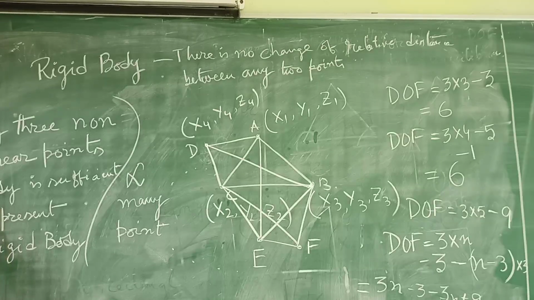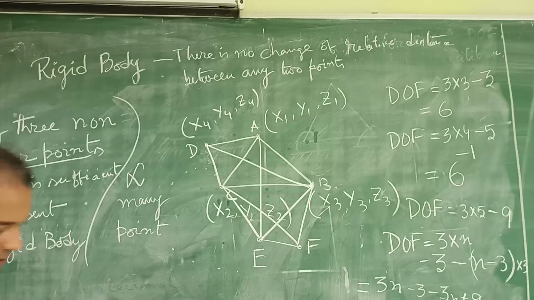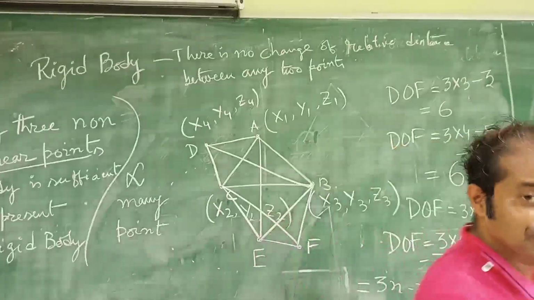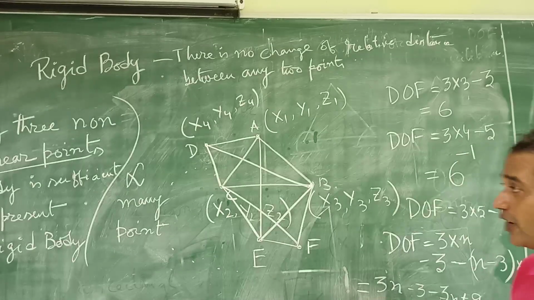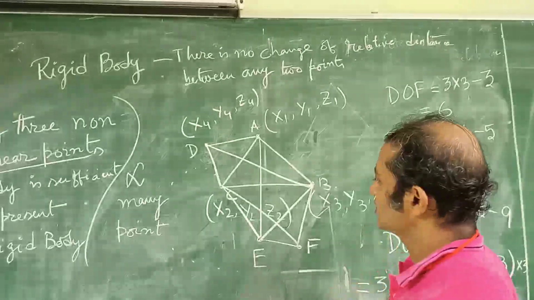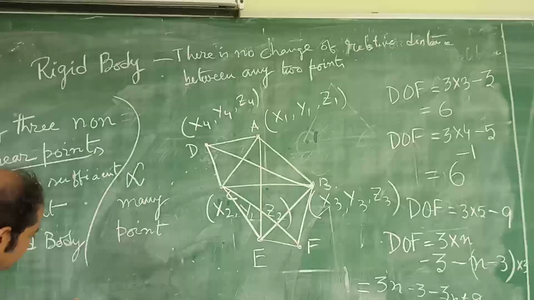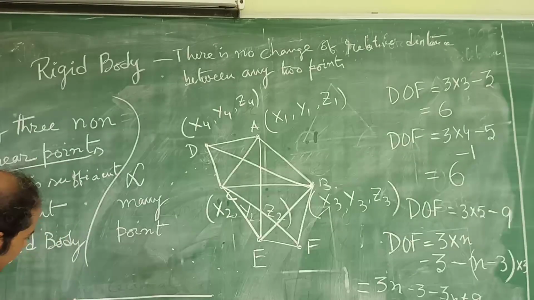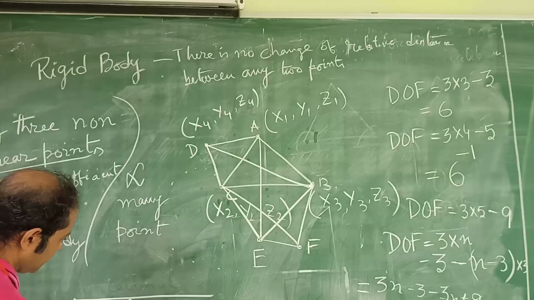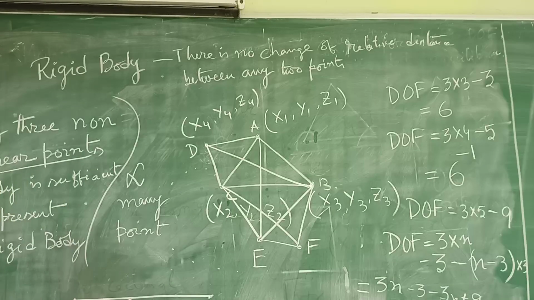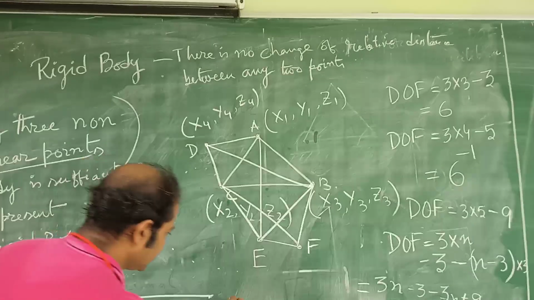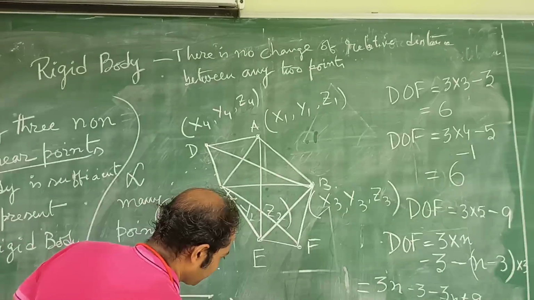Now I am going to ask why I have used these non-collinear points. Because if you take all the 3 points as collinear, for a simple example, say A, B and C points which are collinear, then the degrees of freedom is equal to 5.